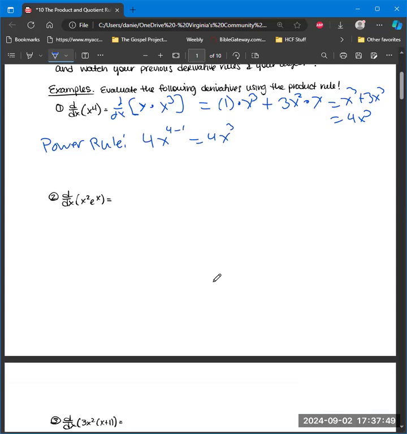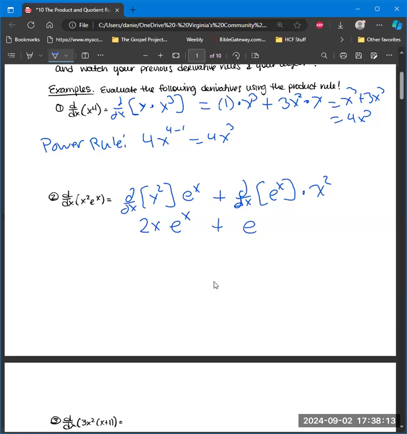All right, let's go ahead here and take the derivative of this first piece, leaving the second piece alone, plus derivative of the second piece, leaving the first piece alone. Derivative of the first piece here is 2x. Then leave the e to the x. The derivative of e to the x is e to the x times x squared.